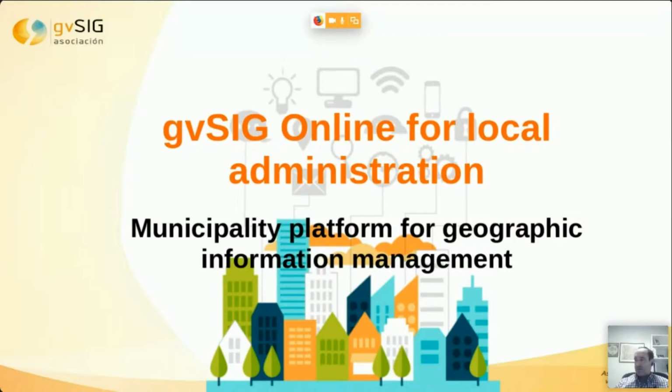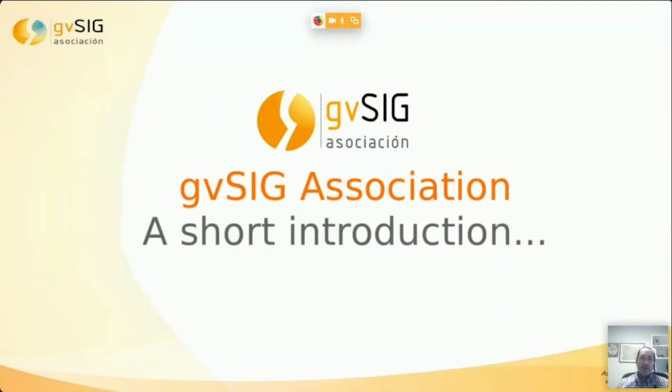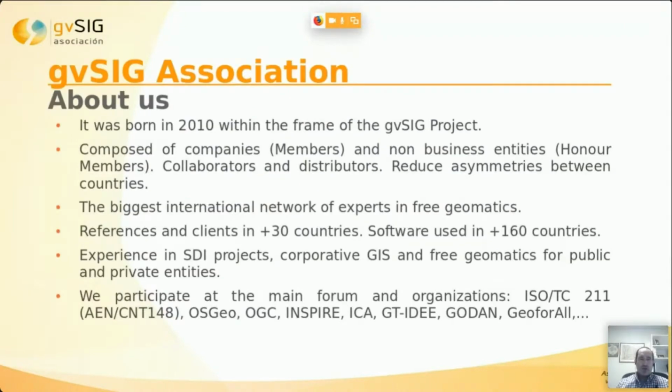First of all, I'm going to speak about the gvSIG Association. If you don't know what it is, I'm going to give you a short introduction. The gvSIG Association was born in 2010 within the frame of the gvSIG project.